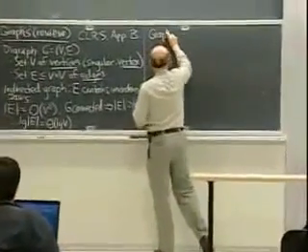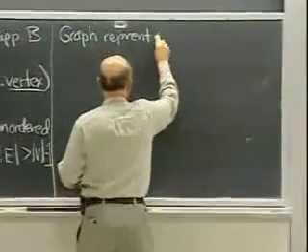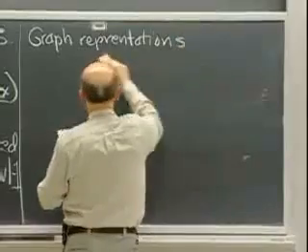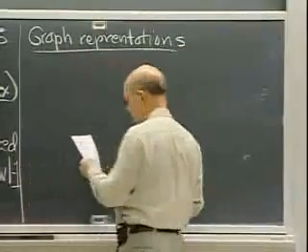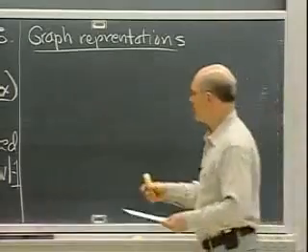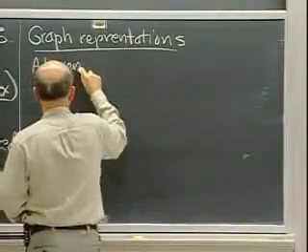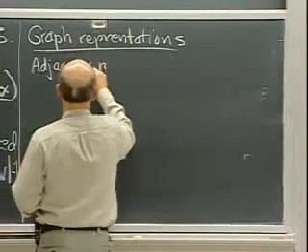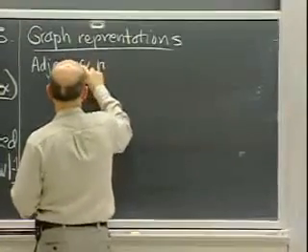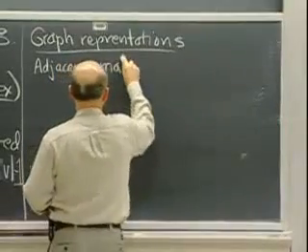So there are various ways of representing graphs in computers. I'm just going to cover a couple of the important ones. There are actually more; we'll see some more. The simplest one is what's called an adjacency matrix.